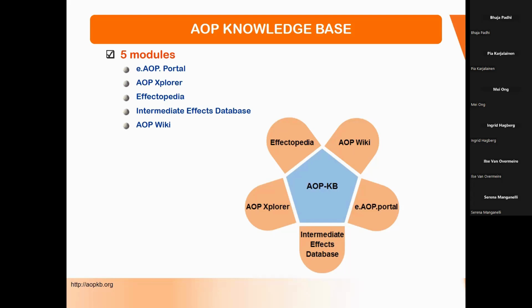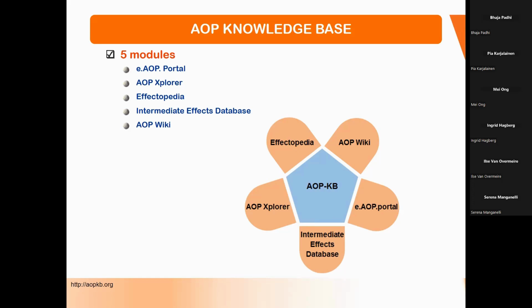For now, the most important module of this AOP knowledge base is the latter one, the AOP wiki. I checked right before this webinar today, and as we speak, there are approximately 500 different AOPs that have been included in the AOP wiki.